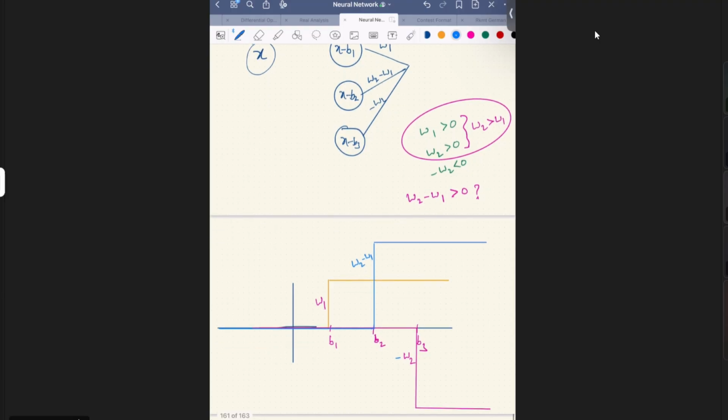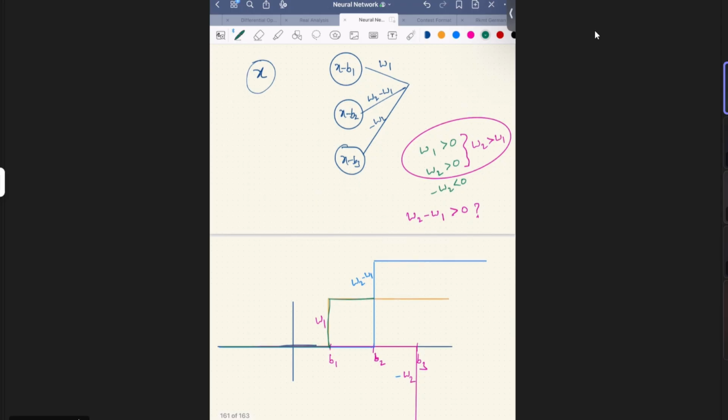So now summing all these three signals, what is the resultant one? This B1 till 0, and this does not have anything. And this will come only W2, sir. After B2 to B3 comes only W2.